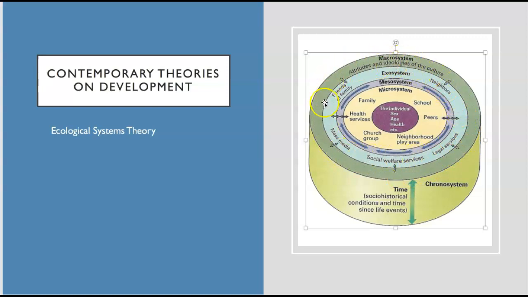So we defined culture earlier in this lecture, and culture, the beliefs and attitudes of the culture, can certainly affect the individual. And finally, the last system is the chronosystem, which refers to the historical events that can affect the development of the individual.